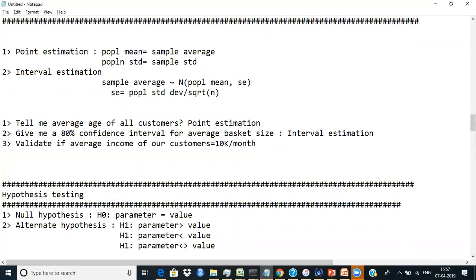The alternate hypothesis can be greater than, less than, or not equal to, any one of these.